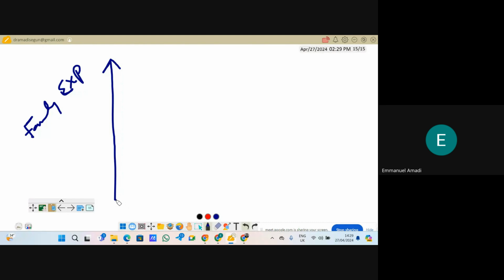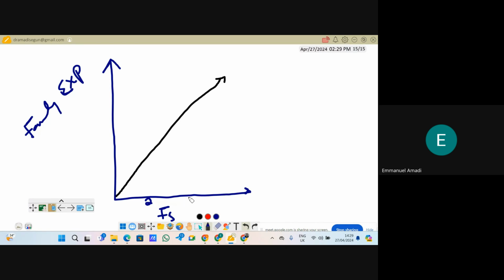Now, this is family size. I'm going to abbreviate this as FX, family size. Let's say at this point here, this is 2.